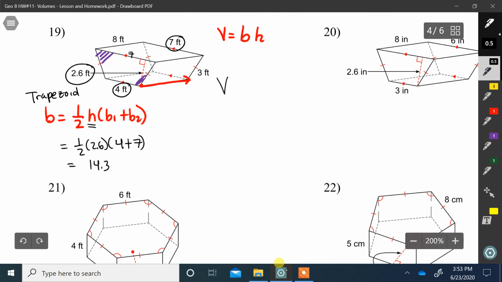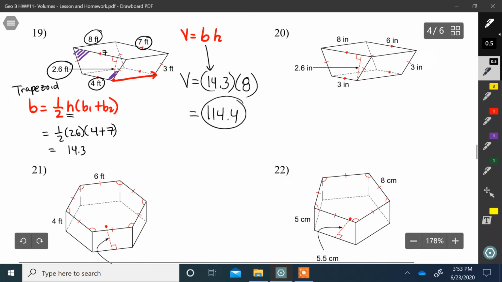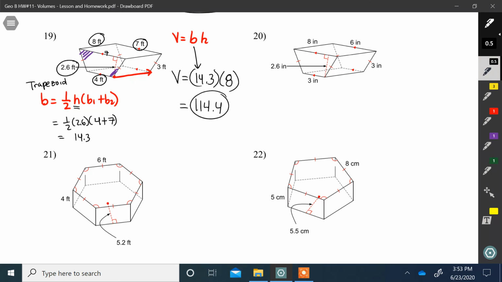So this base right here is 14.3. Now the height will be the height of that right there, so that would be 8. We multiply that times 8, and that should give you 14.4.